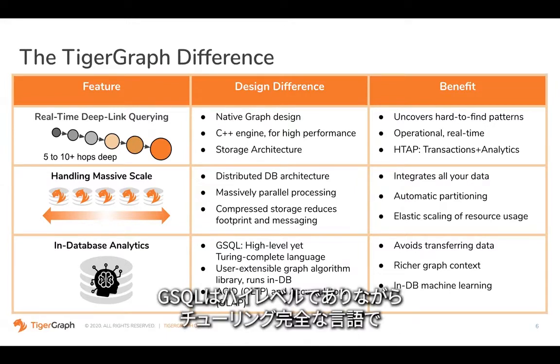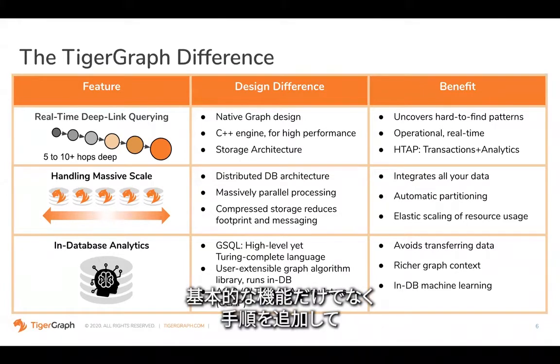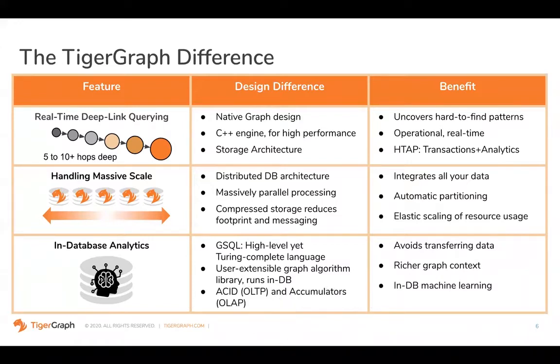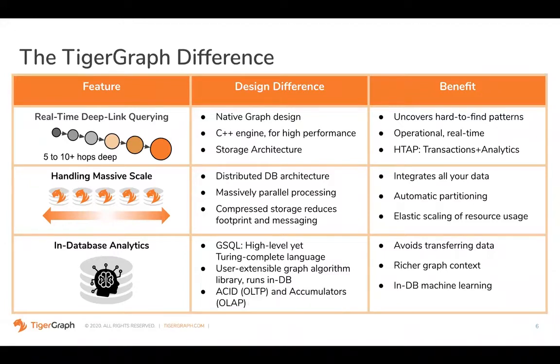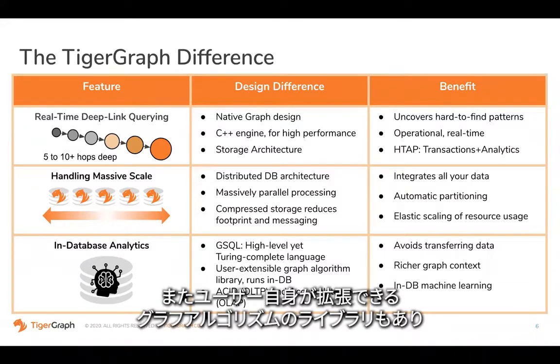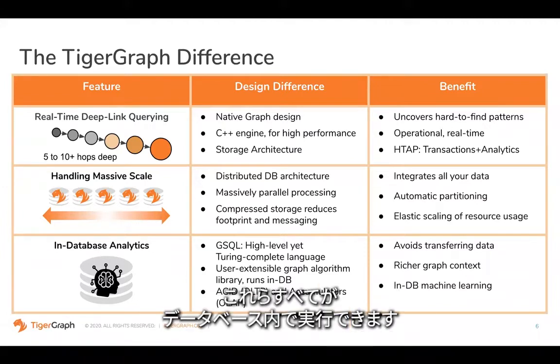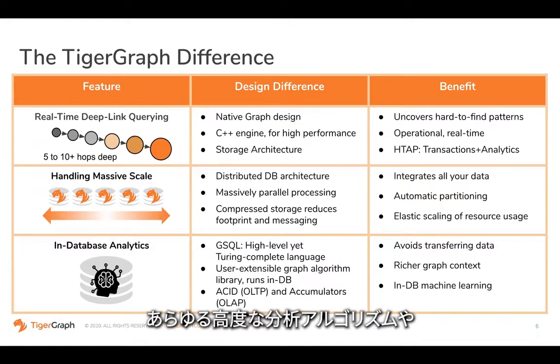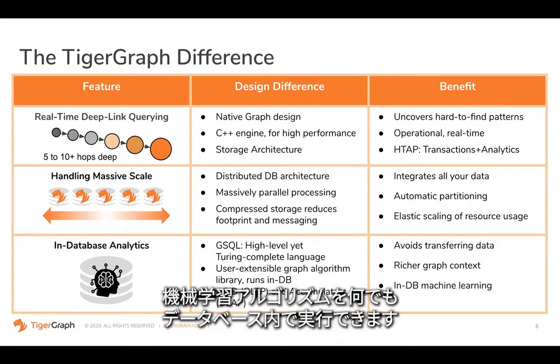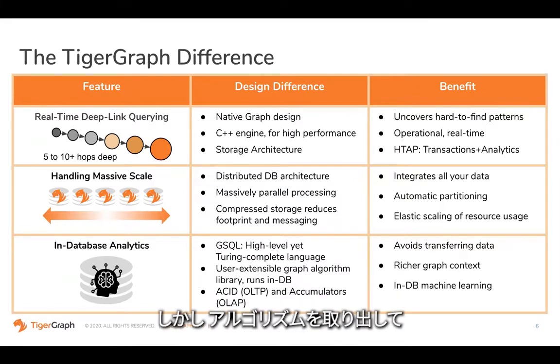This is a high-level yet Turing-complete language that provides you not only the basic querying functionality, but also the ability to add procedures so that users can express logic in a very rich way. And add to that, we have a user-extensible graph algorithm library, all of which runs in the database. So you can pretty much run any advanced analytics or machine learning algorithms within the database, if you choose to. But if you want to take it out to a downstream system, that option is also available.